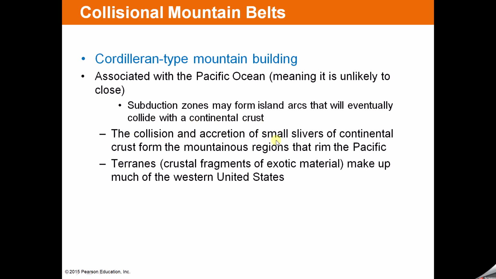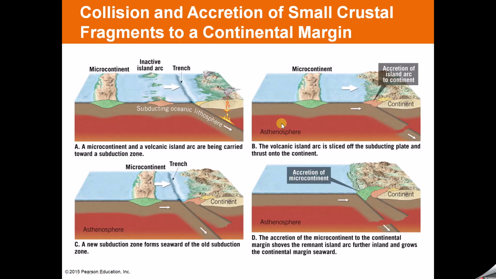The collision and creation of small slivers of continental crust form the mountainous region that rims the Pacific. Terranes, crustal fragments of exotic material, make up much of the western United States. So if we look at this, collision and accretion of small crustal fragments to a continental margin.